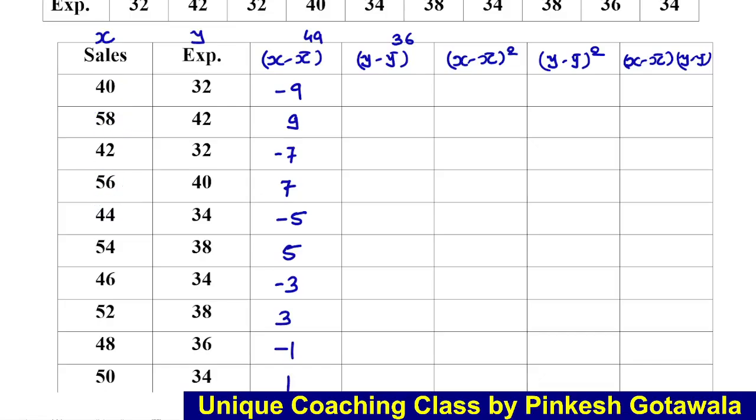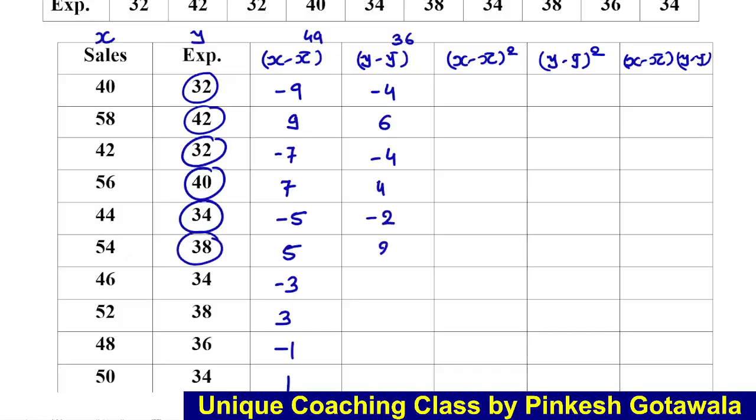Same for y minus y bar: 32 minus 36 minus 4, 42 minus 36 is 6, 32 minus 4, 40 minus 36 is 4, 34 minus 36 minus 2, plus 2, minus 2, plus 2, 0 and minus 2.